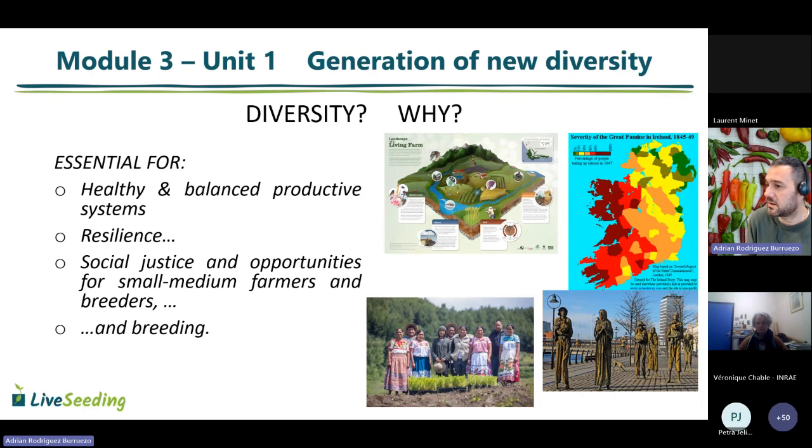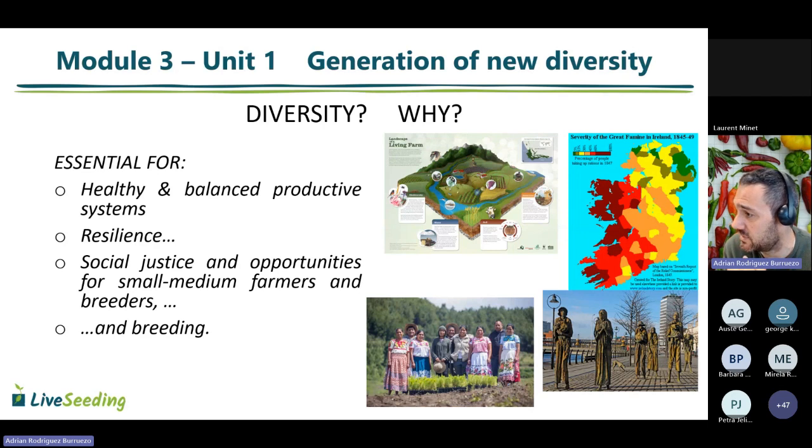In a human context or point of view, diversity is essential for many issues. First, to guarantee, to ensure healthy and balanced productive systems. And not only productive systems, but also a healthy and balanced planet.